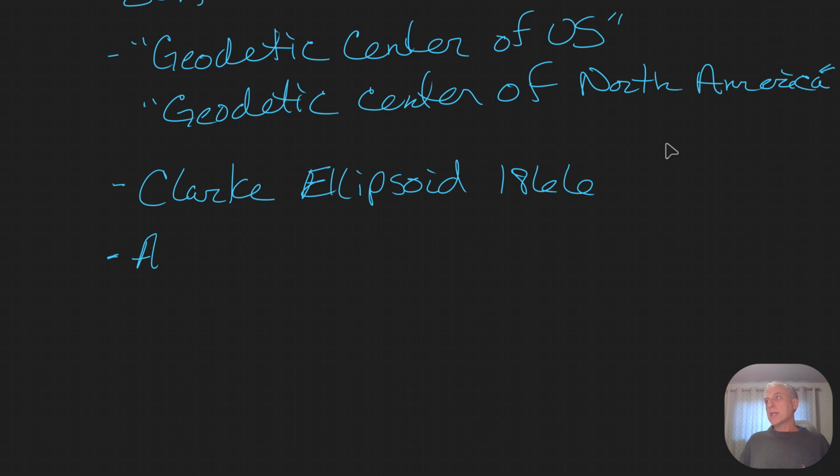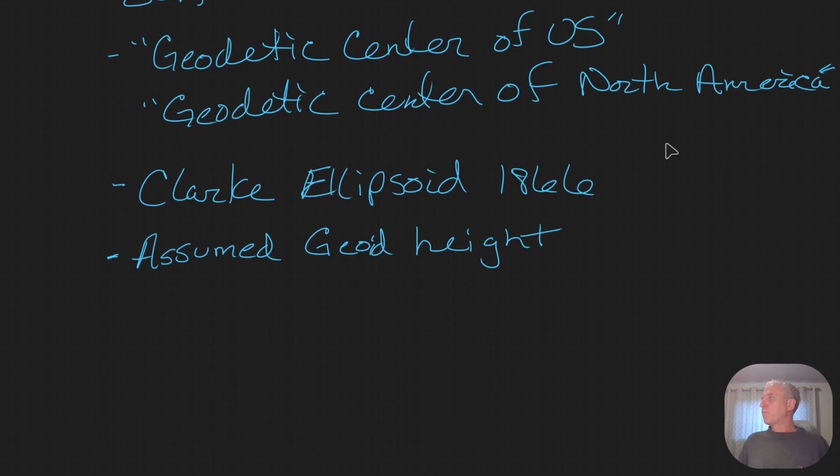It uses an assumed geoid height. So now we have geoid models that give us geoid separation. We're going to talk about heights pretty soon, but let's see, assumed geoid height.